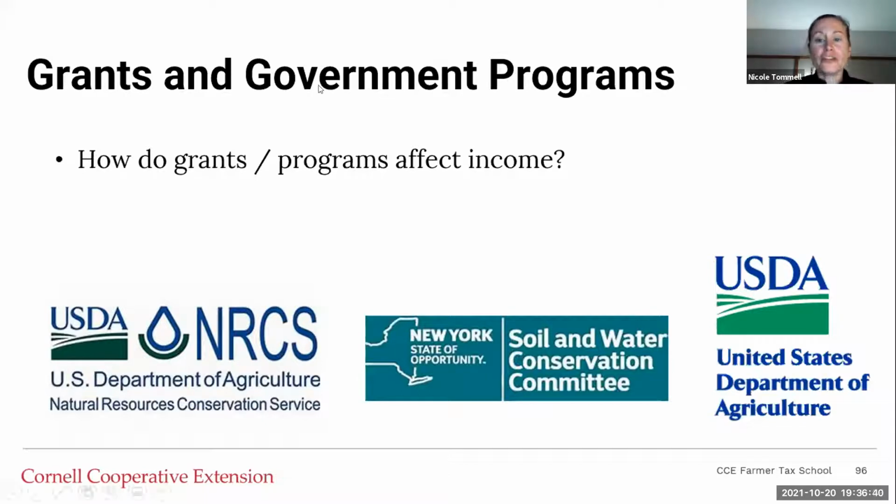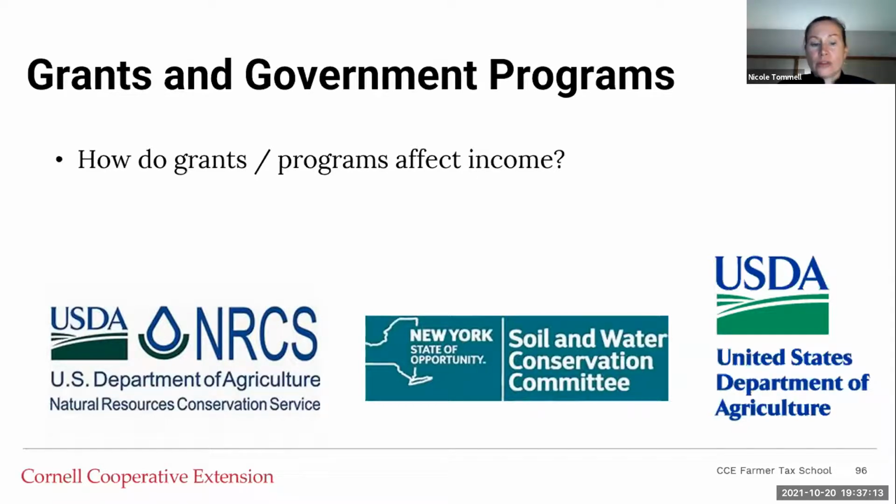So the first thing is, how do grants and programs affect income? Well, unfortunately, and most people don't like to hear this, but those grants and programs that come from the USDA, NRCS, any kind of grant funding or dollars that come into your business, that is all considered taxable income. You will receive a 1099 form from your county soil and water commission if you did a grant program with them.